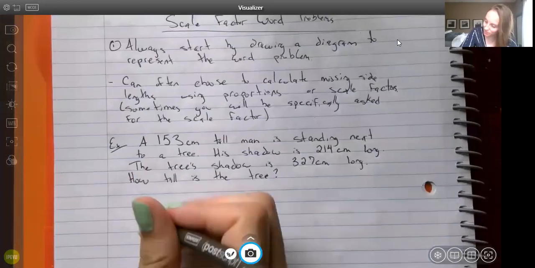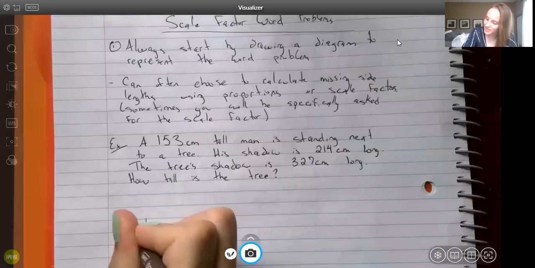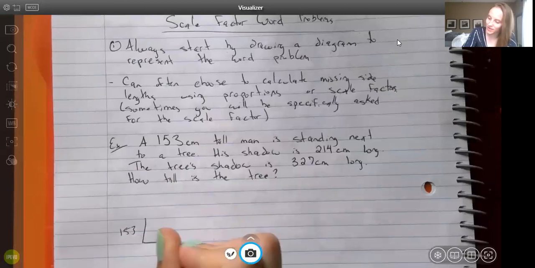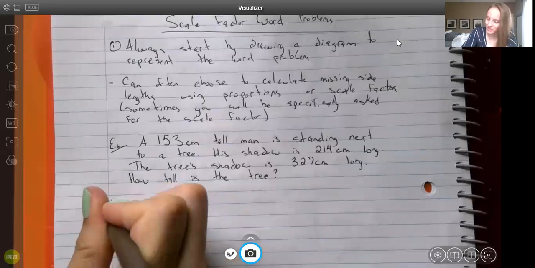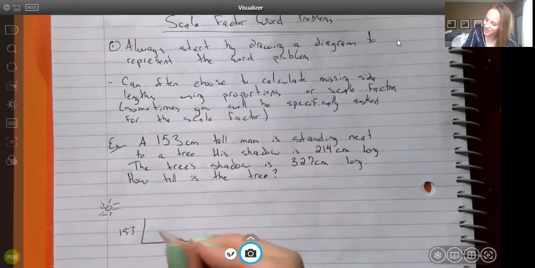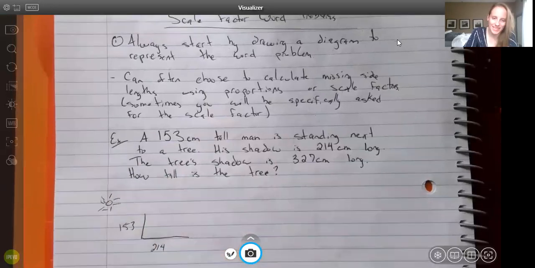So I've got a man who is 153 centimeters tall. His shadow, being cast by the sun, is 214 centimeters long. And then it says he's standing next to a tree.